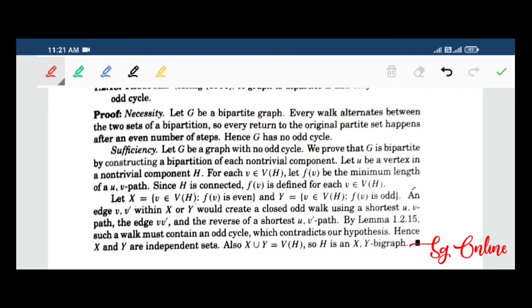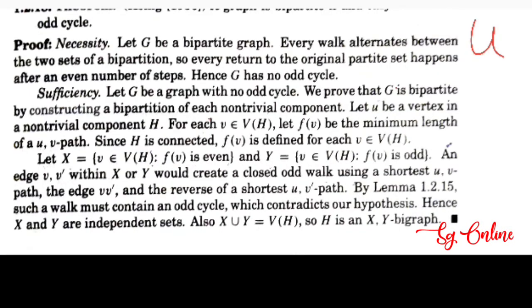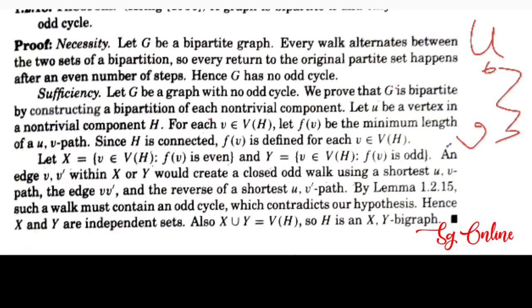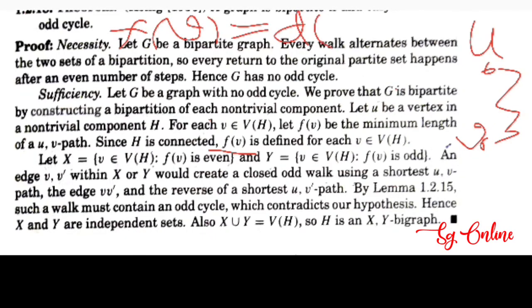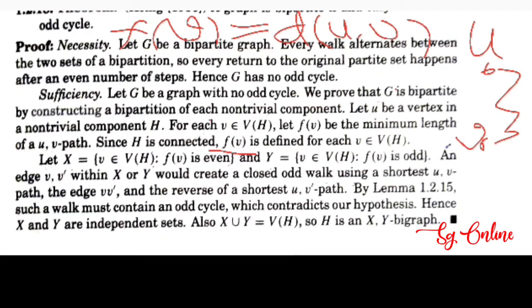Now we fix a vertex u, and then we calculate the distance of any vertex from u, and we denote this by f of v. f of v is the distance between u and v, that is, the length of the shortest path between u and v, with u fixed.